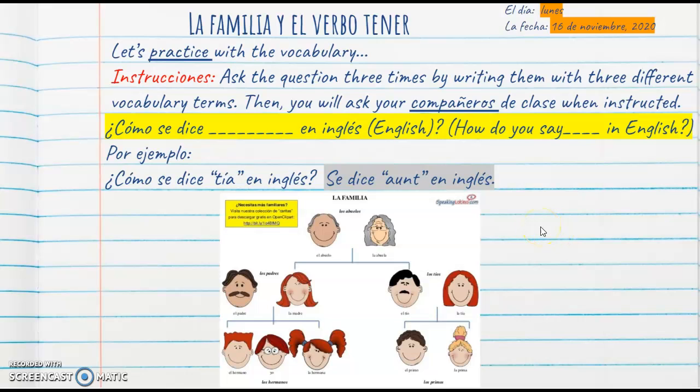Here is the slide I had you take a picture of earlier, or take a screenshot to get you started, but I'd like to remind you what the instructions are, and also to give you some guidance to do this written portion.